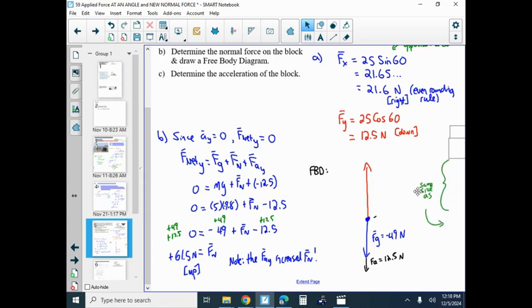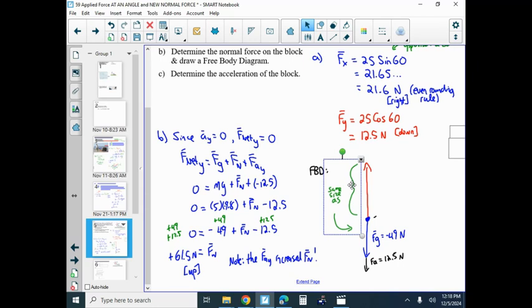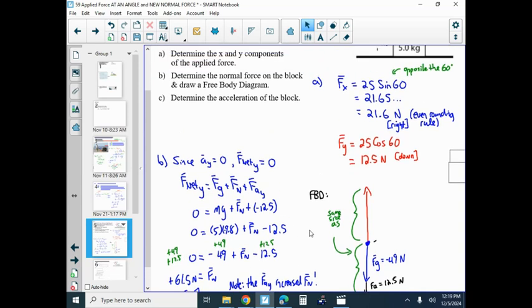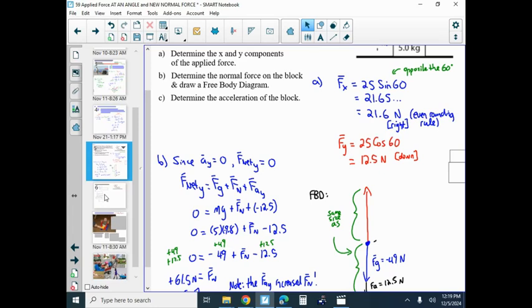The idea is the same thing here: that normal force balances the combination of those. I have to clone it, not just steal it. There we go.